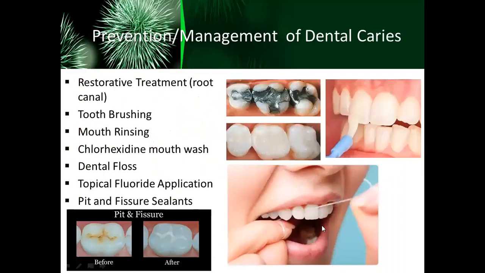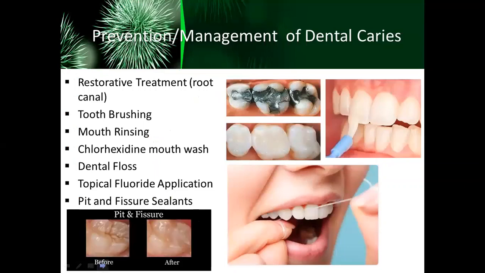In terms of prevention and even some sort of management, depending on how bad it is, restorative treatment can be done. An example is a root canal. I don't know how many have undergone a root canal procedure, but that is one of the restorative treatments that can be done, and it also depends on how bad the dental caries is.